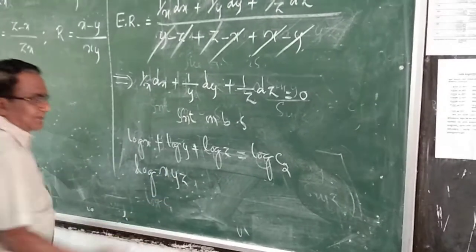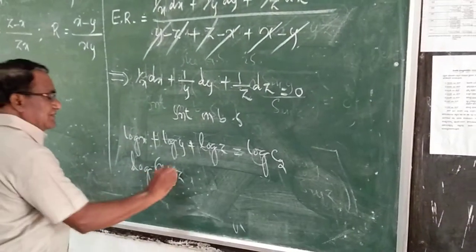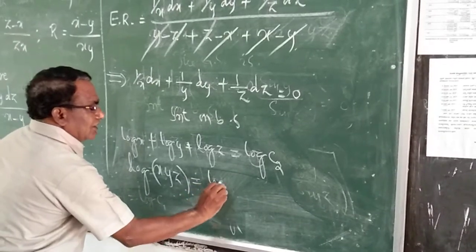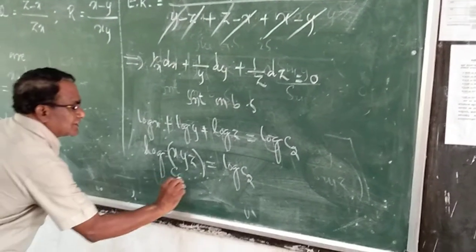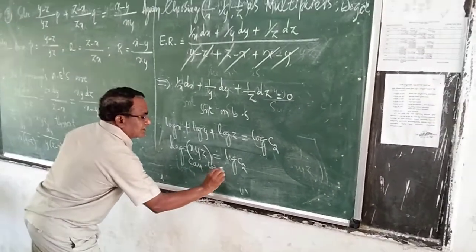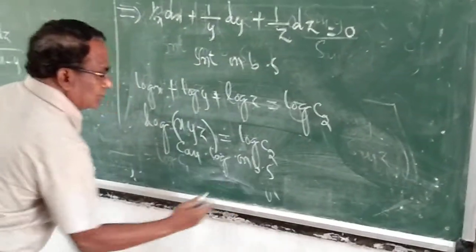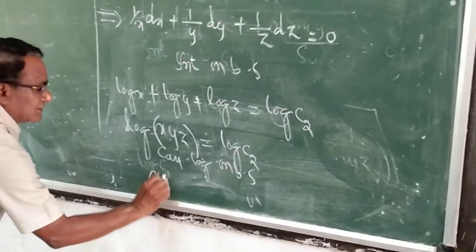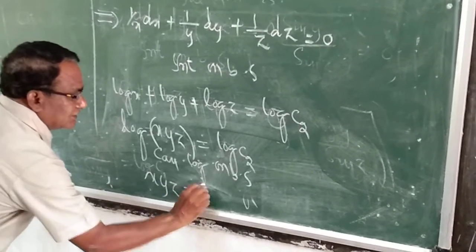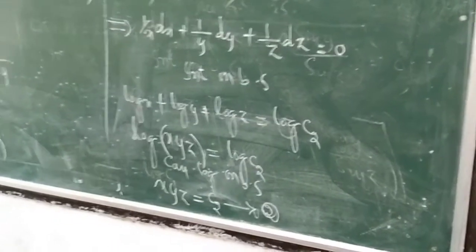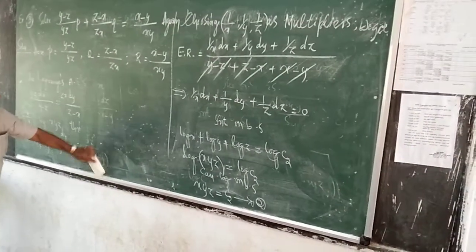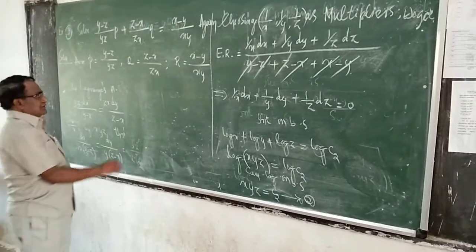That is log of xyz is equal to log c2. Cancelling log on both the sides, we get xyz is equal to c2. And this is our second independent solution.